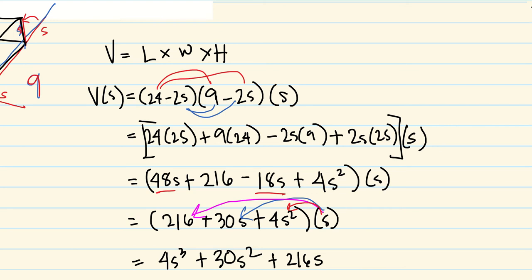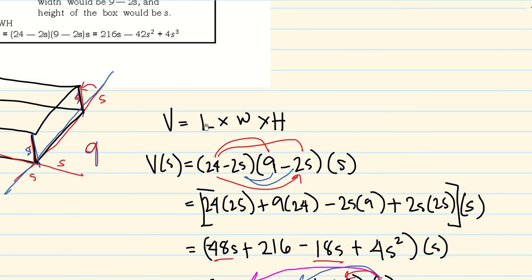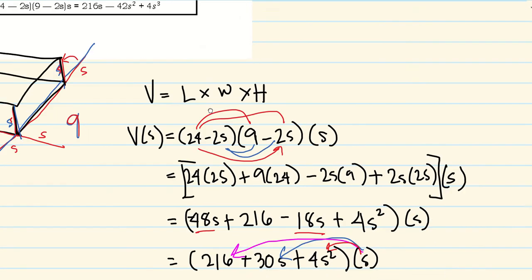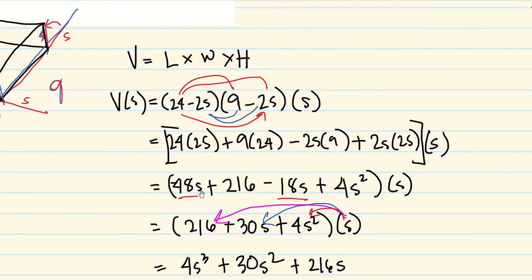You can see we multiplied 24 and negative 2, but we put positive. So this supposedly is a negative, that's our mistake. But why is it 42s? Supposedly it should be much bigger than that.